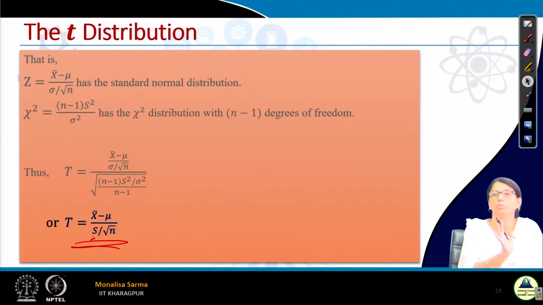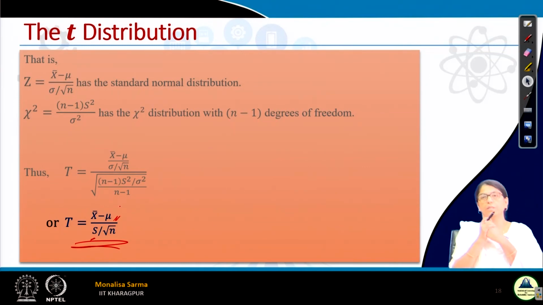Now I don't need to know the population variance. Even if I don't know the population variance, I can still make an inference on the population mean. But of course, I will first have to take an educated guess, or take some estimated value of the population mean, or predict some population mean.